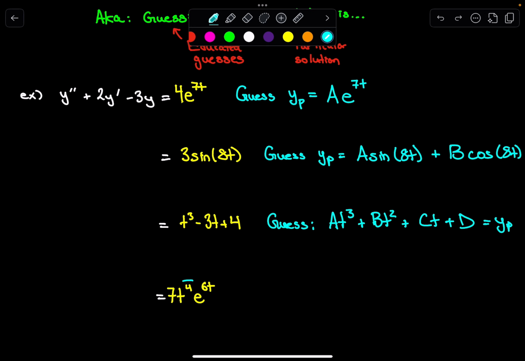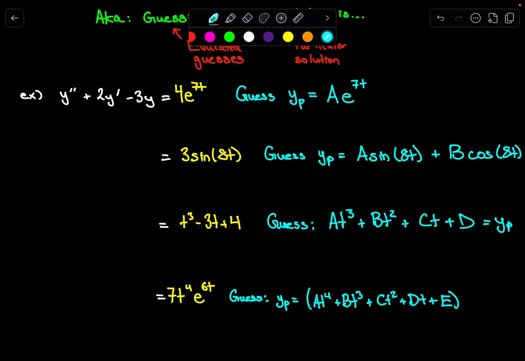So again, for this last one, here I have something interesting. I have a very small 4th degree polynomial, and then I have an e to the 6t attached to it. What might we guess for our solution? It would make a lot of logical sense to guess that y sub p is equal to some 4th degree polynomial, at to the 4th plus bt cubed plus ct squared plus dt plus e, and then we multiply this by e raised to the 6t.